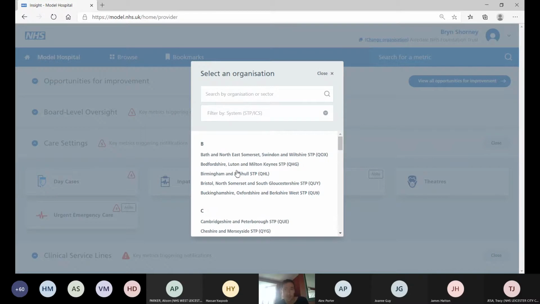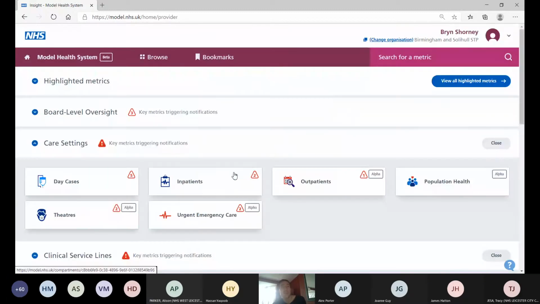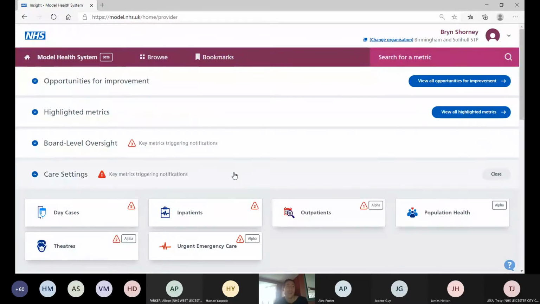I'll just pick the first Midlands one that I see, and when you do that, you'll see the colour change, and you'll then be in Model Health System.